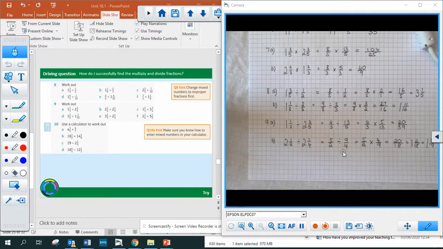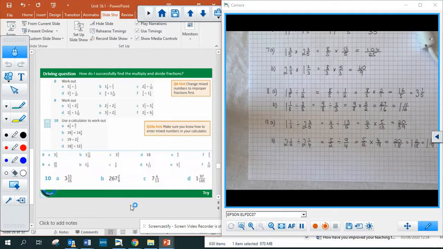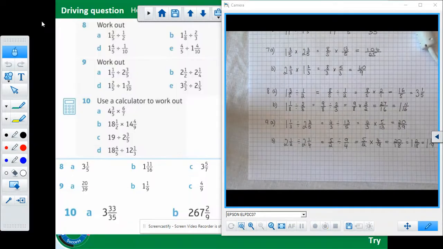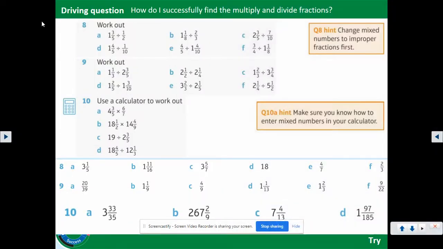Hopefully you could do those okay. And if you didn't have a calculator, don't worry too much about those, okay? And the rest of the answers are there on the screen. I'll just make that bigger for you. Please mark and then play when you're ready to continue.